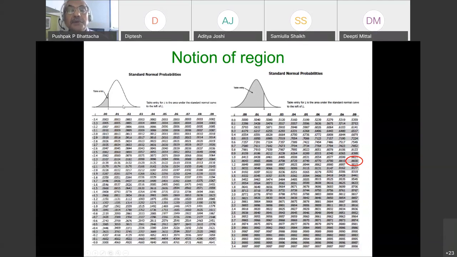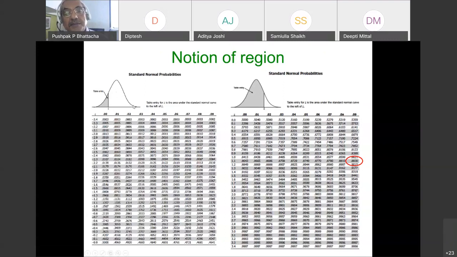In particular, you will recall that from z equal to minus 1.96 to plus 1.96, the area under the standard normal curve is 95%. For such a situation, the error region will be on both sides of minus 1.96 and plus 1.96.